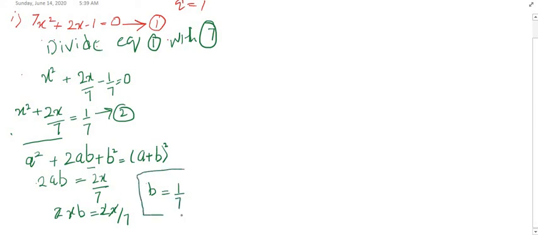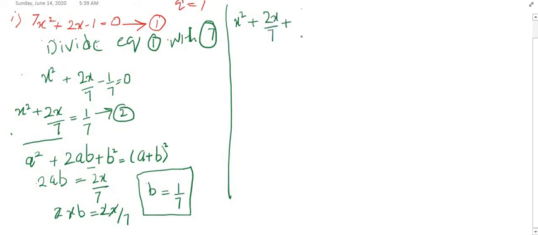Now complete the square of the term which is on the right side of the equation. How? Like this. Add the b square term on both sides of equation 2, which is x square plus 2x by 7 plus 1 by 7 whole square equals to 1 by 7 plus 1 by 7 whole square.